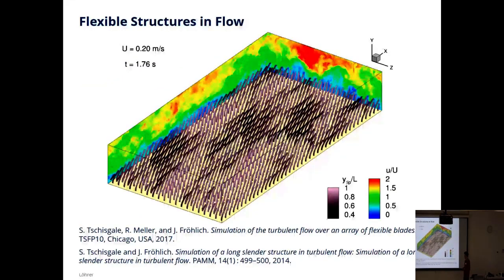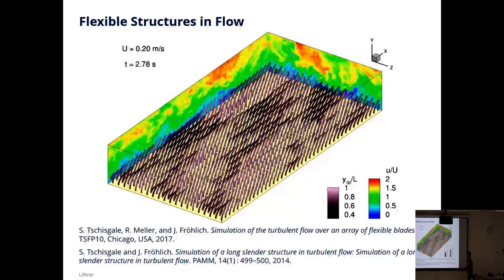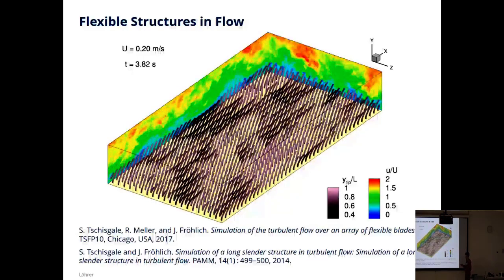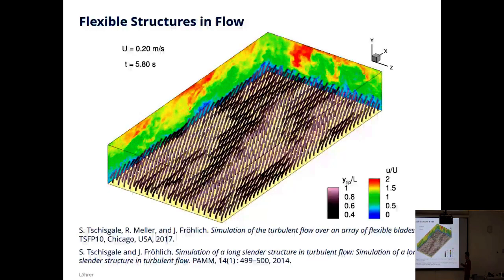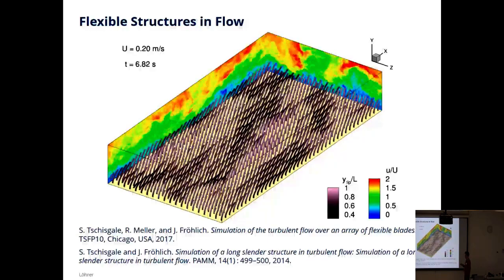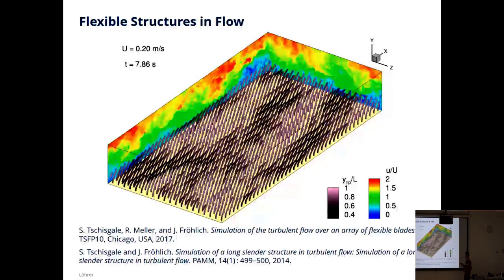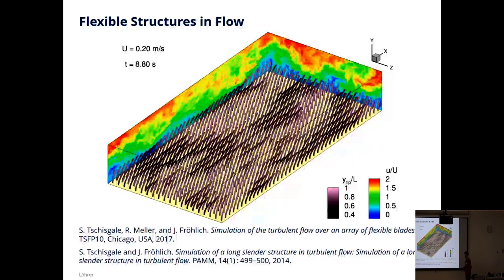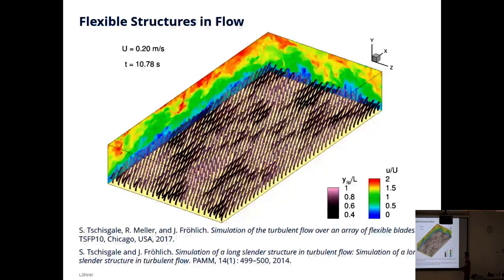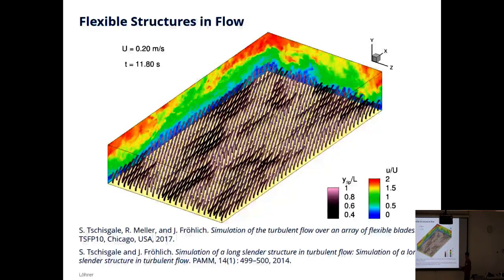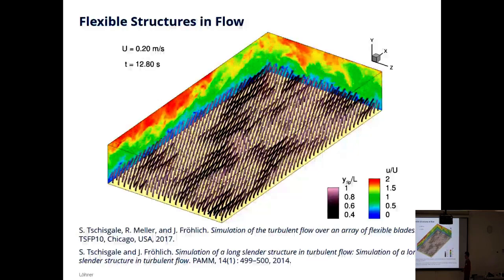I'd like to finish up the talk with a few more cases of applications. Here we have flexible structures in a channel featuring a phenomenon called Monami. This is an instability we see in seagrass, for example. A similar case can be observed in cornfields.